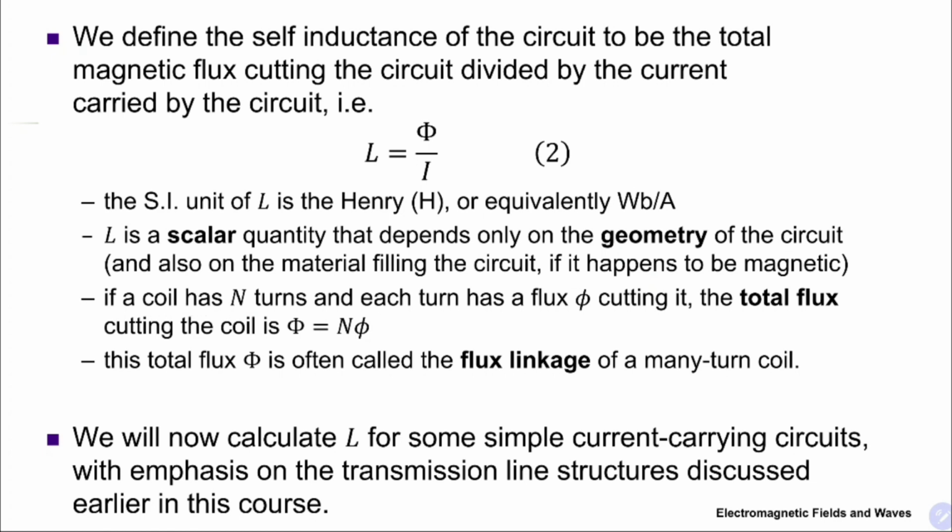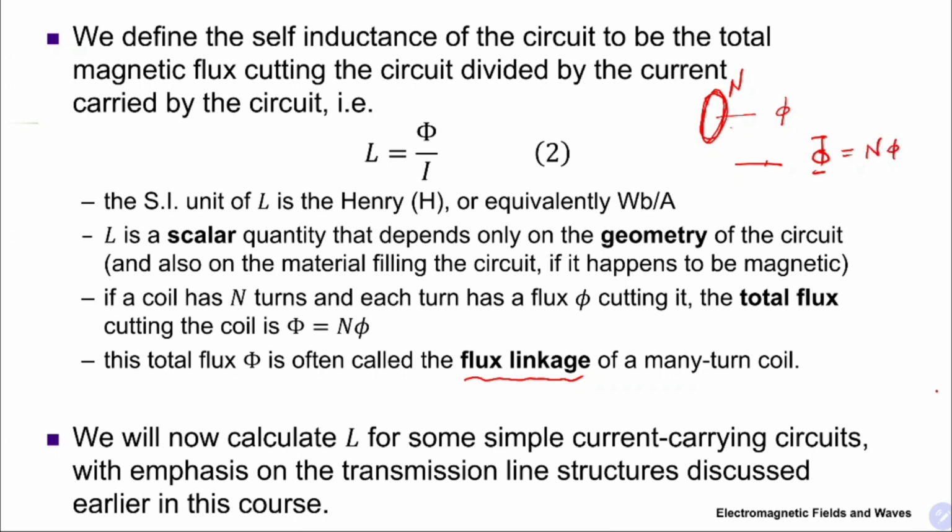If a coil has n turns and each turn has a flux of small phi, then the total flux cutting the coil will be capital Phi equals n times small phi. This is called the flux linkage. So one turn gives you flux of small phi, and the flux linkage will be n phi.